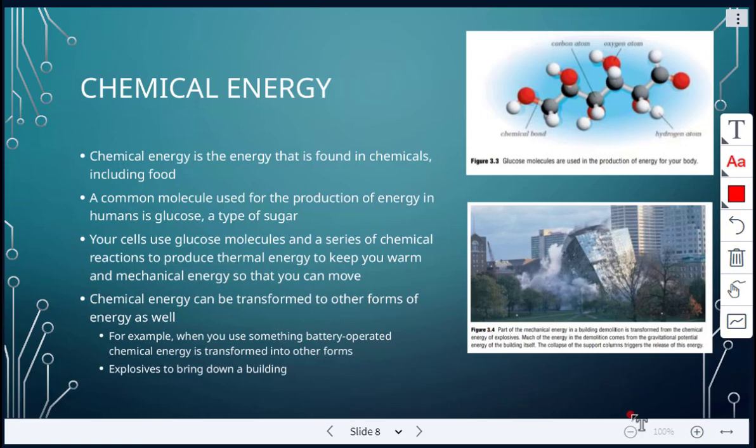Okay, so it's the chemical energy from the explosives, which will then transfer as mechanical energy for demolition and so on. Yeah, so the building itself would also have gravitational potential energy, and then the collapse of that will then release energy as sound and heat and so on.